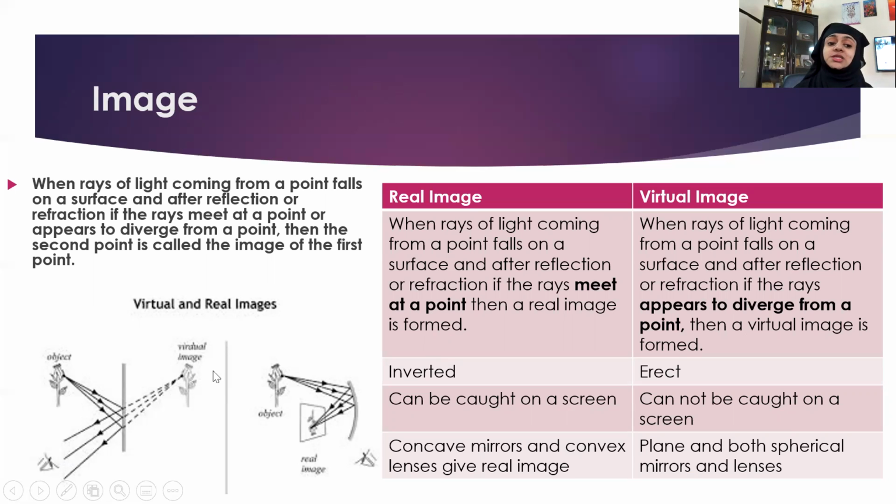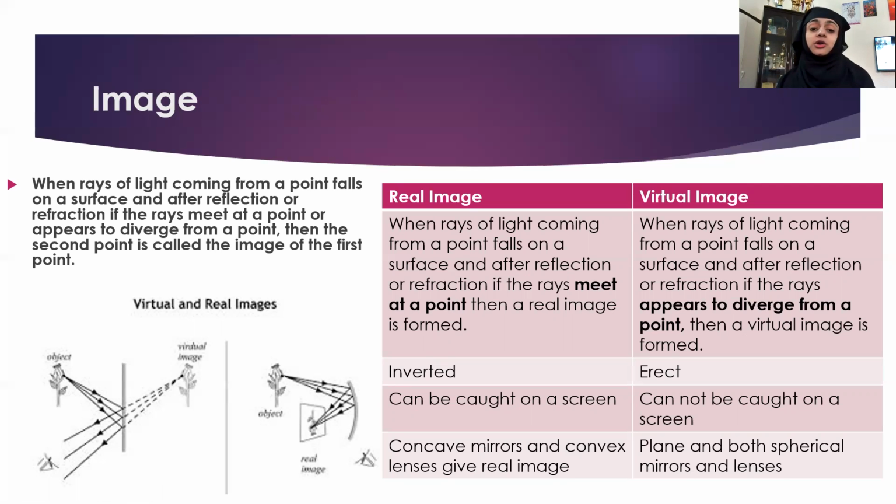Then also we will see an image here. So in both cases, we will see an image when the rays of light actually meet after reflection or refraction, or when the rays of light appear to diverge from a point.